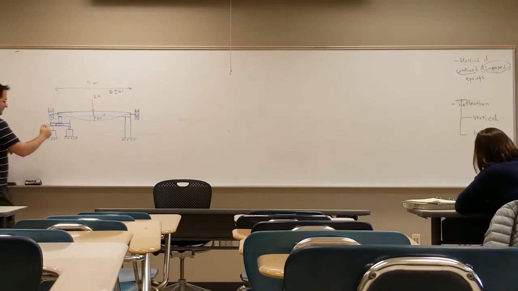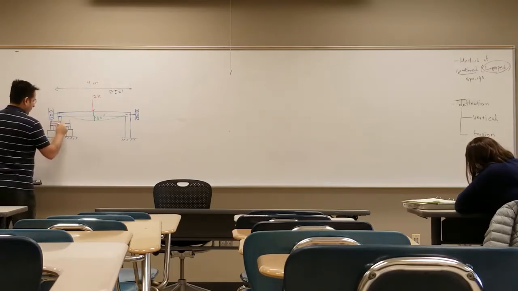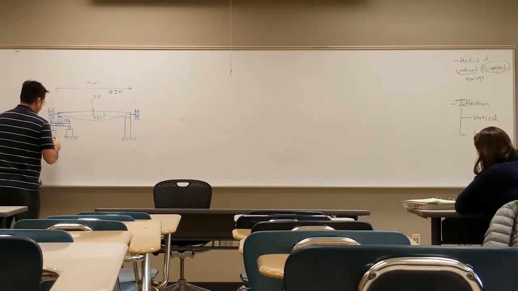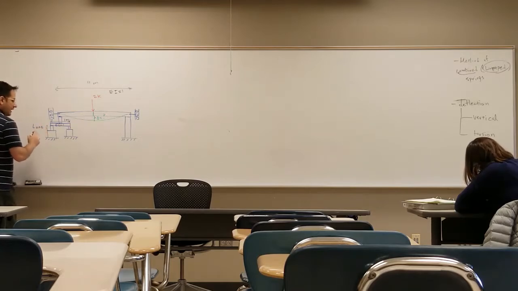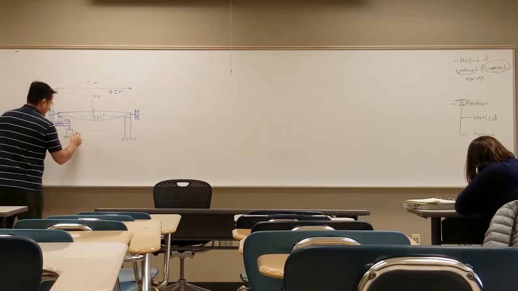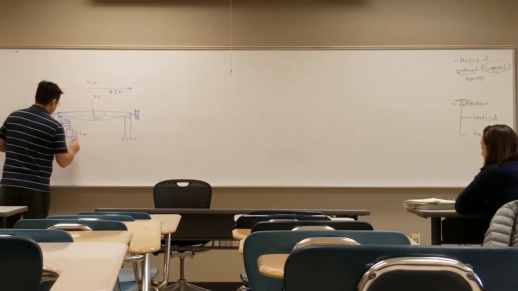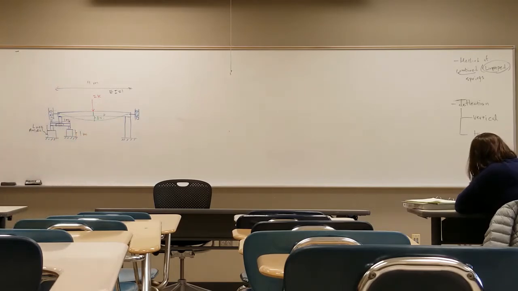And the length is 1 meter. And for this guy, L is equal to 0.5, and A is equal to 1, E is equal to 1 for all of this. And the length for this guy is also 1 meter. Right? Some numbers.